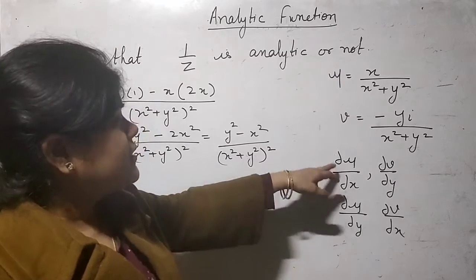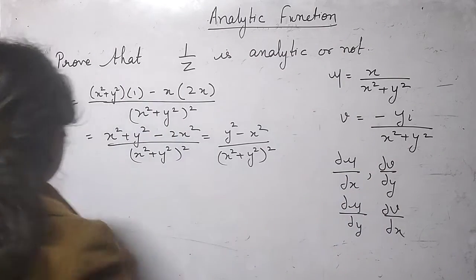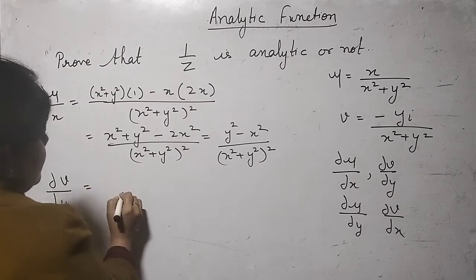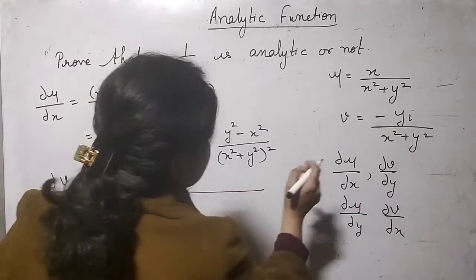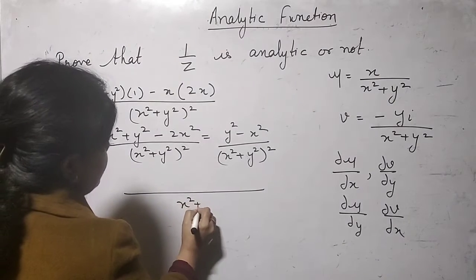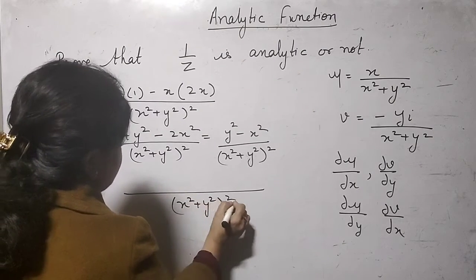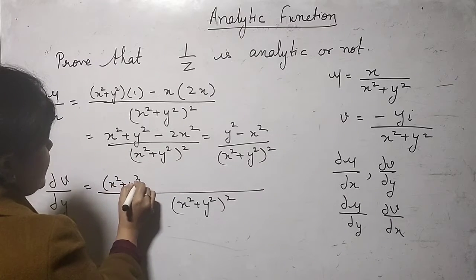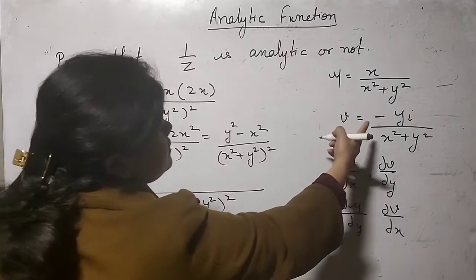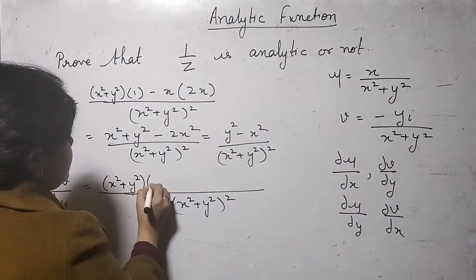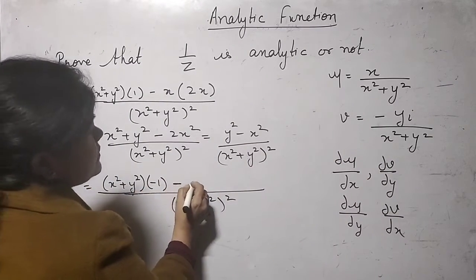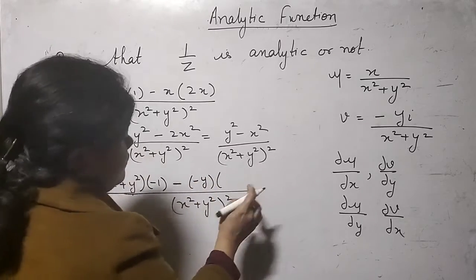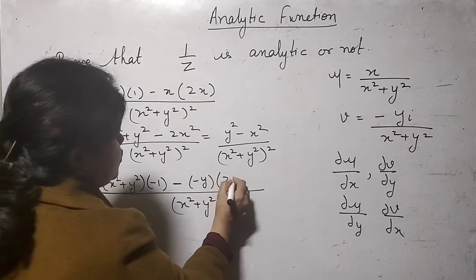Now we find dv by dy. Now from here we get y upon x square plus y square, so we get x square plus y square whole square. Similarly over here x square plus y square, and this is minus y, so it becomes minus 1, then minus y, and when we differentiate this we get 2y.